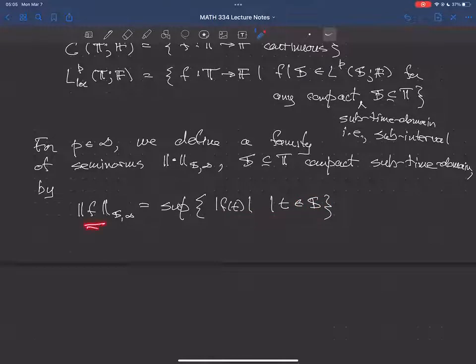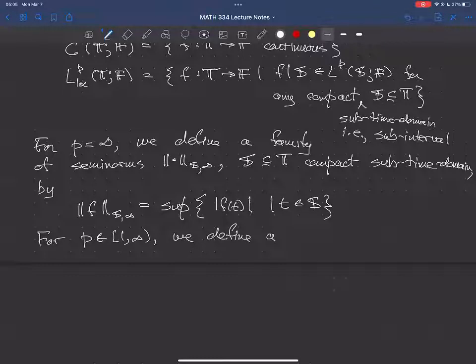So this is perfectly well defined, and it has the properties of a seminorm. And so for P from 1 to infinity, we define a family of seminorms S, P, and these of course are going to go on LP loc.